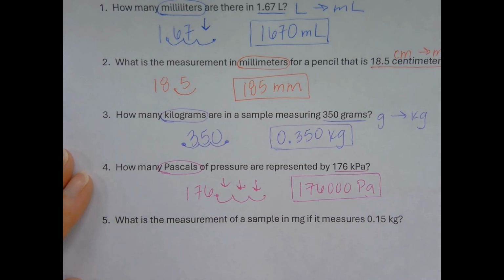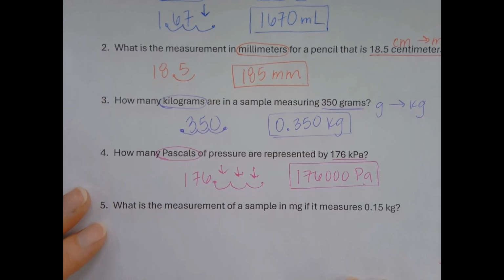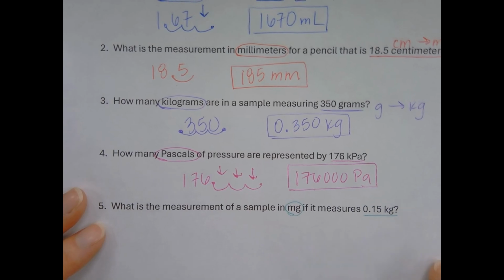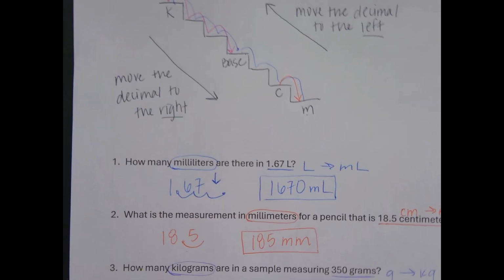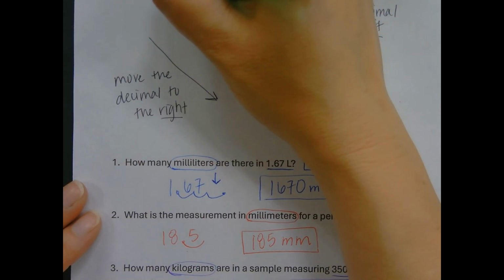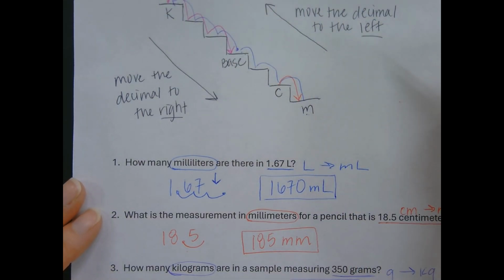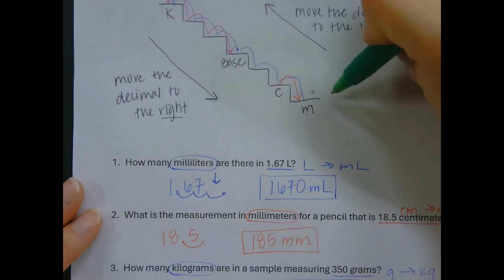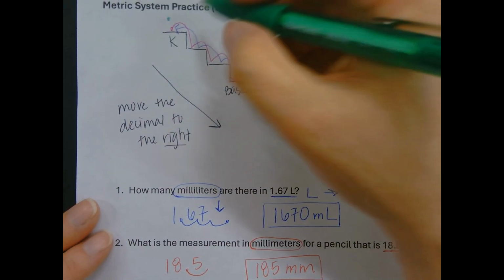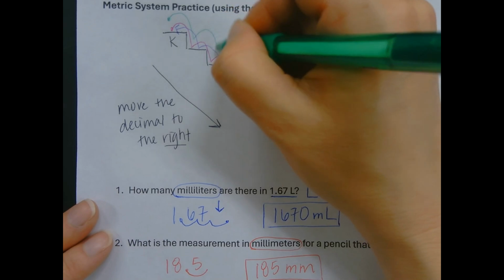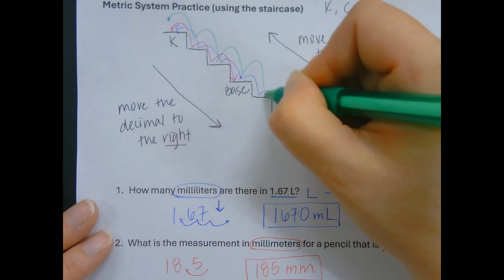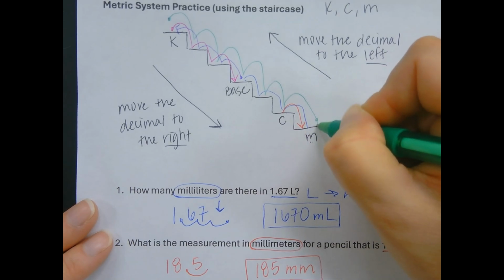For this last one, what is the measurement of a sample in milligrams if it measures 0.15 kilograms? That means we're going to start at the top, at kilo, and end at milli. We're going to jump all the way down, from the top to the bottom. 1, 2, 3, 4, 5, 6.